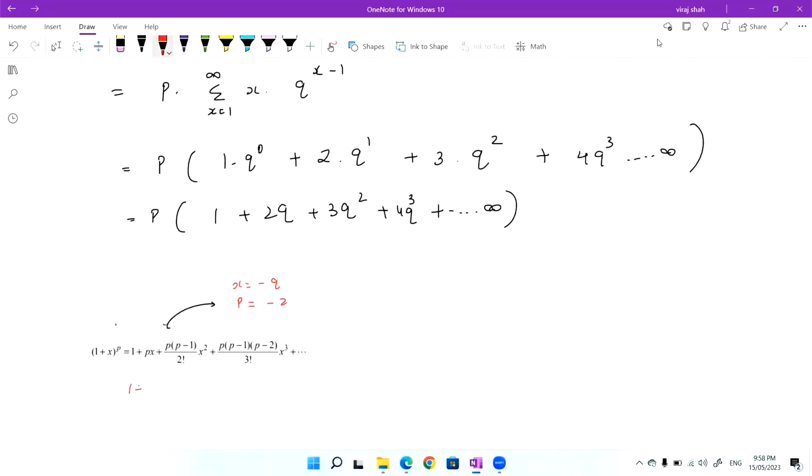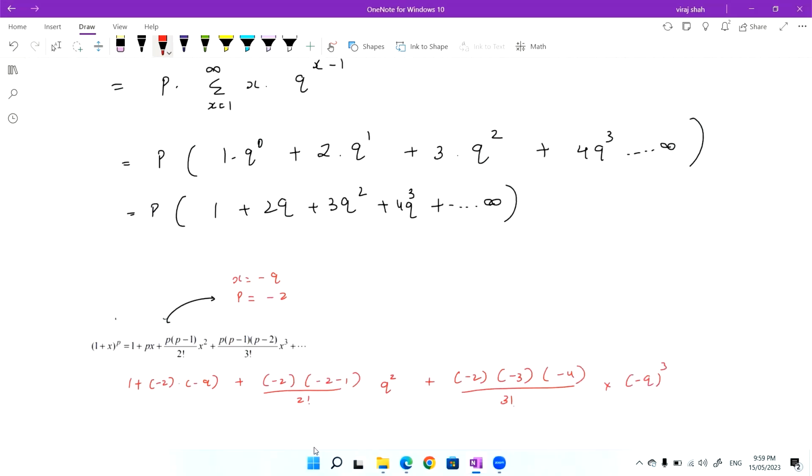So this would be 1 plus minus 2 into minus q plus minus 2 into minus 2 minus 1 upon 2 factorial into x square, which is minus q square, so q square, plus p, p is nothing but minus 2, minus 2 minus 3, minus 2 minus 2 minus 4 upon 3 factorial multiplied by minus q the whole cube.